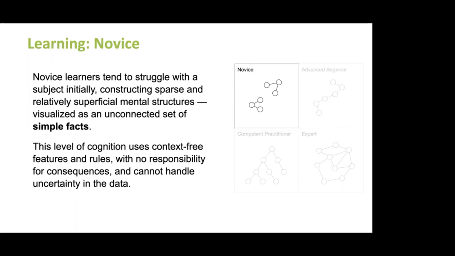This kind of cognition is typically more context-free use of features and rules, not a lot of cause and effect or responsibility for consequences. They really will struggle if they're presented with uncertainty in the data. So you want to simplify things so that people can pick up when they're first struggling with a new topic.